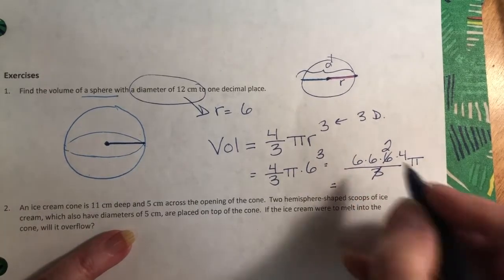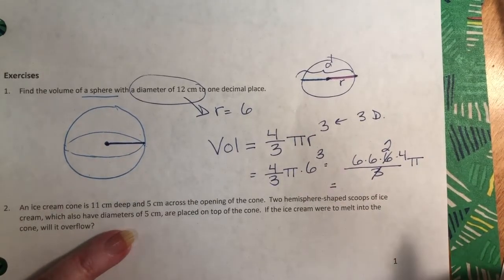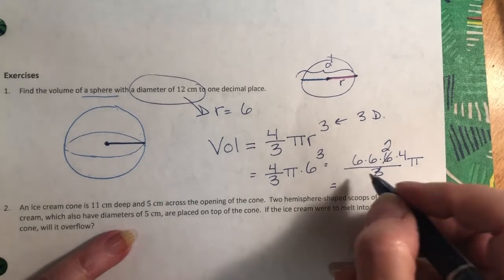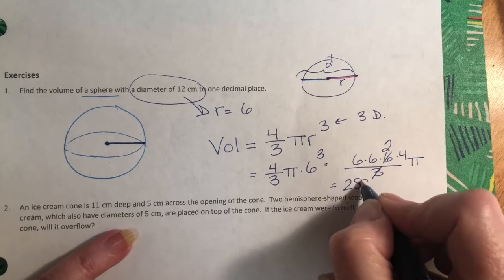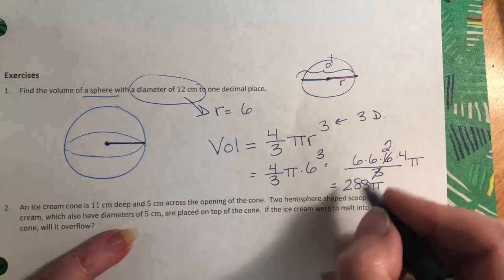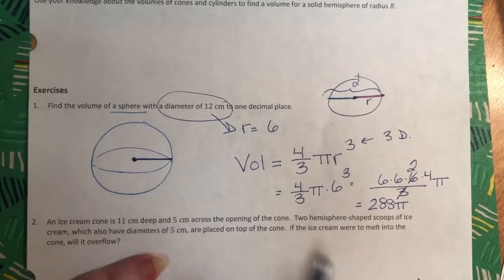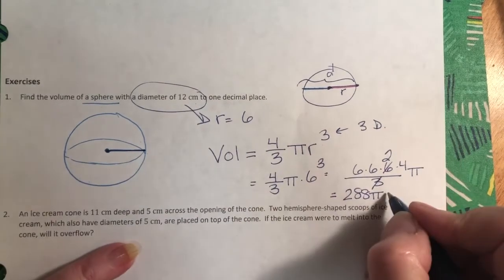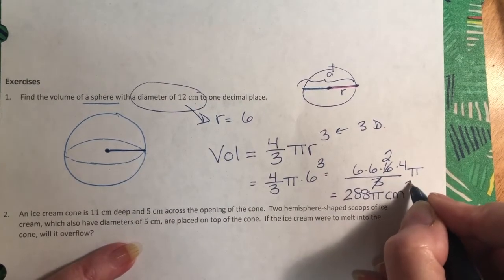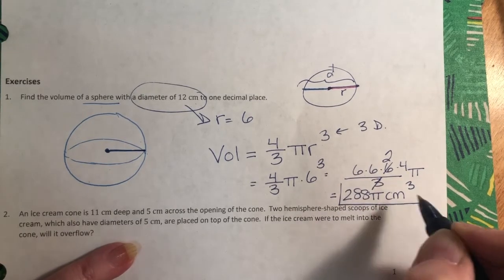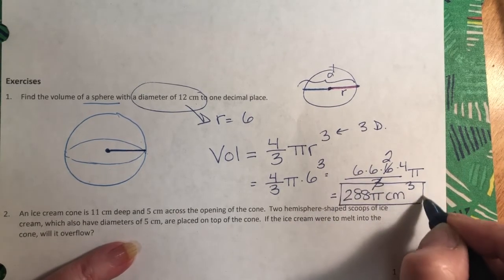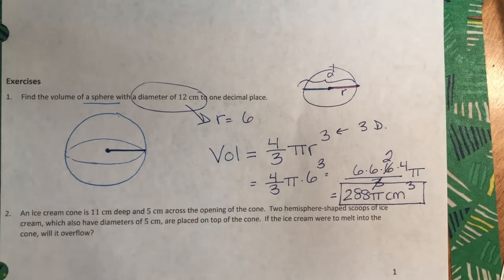I'm doing this in my head, you guys. 72 times 4 is going to be 288 pi. Final answer. And we have units. Centimeters cubed, because this is 3D. So there's our final answer for the volume of a sphere.